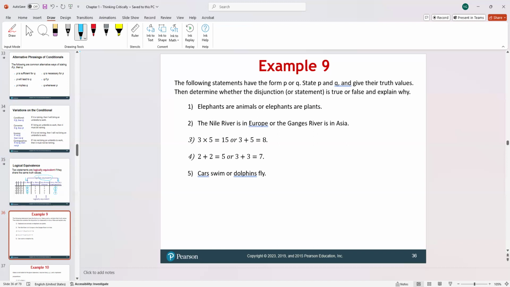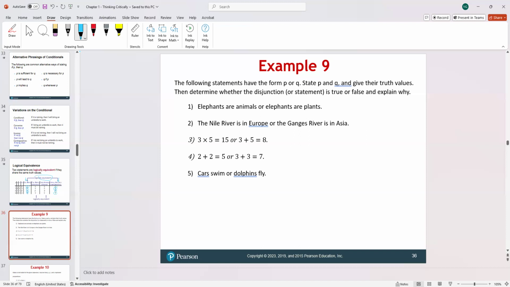The following statements have the form P or Q. State P and Q and give their truth values. Then determine whether the disjunction, the "or" statement, is true or false. Explain why.